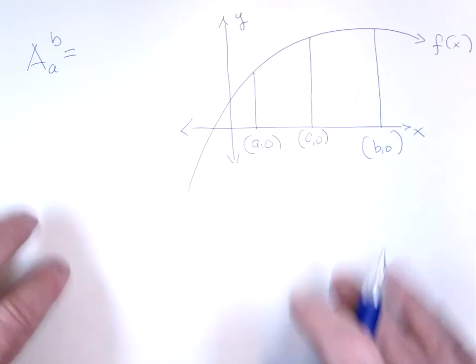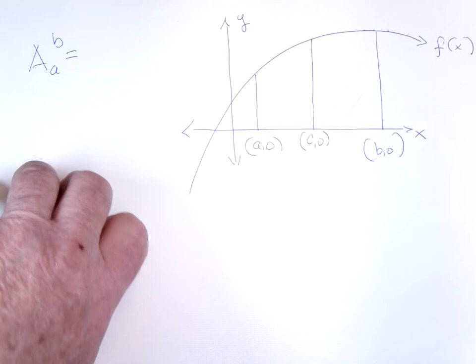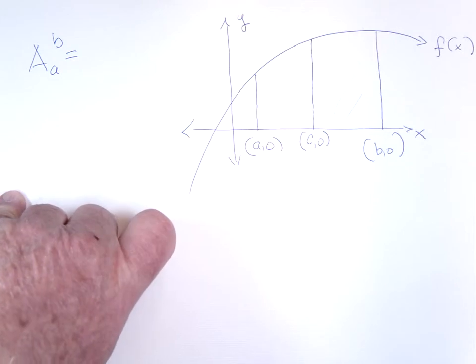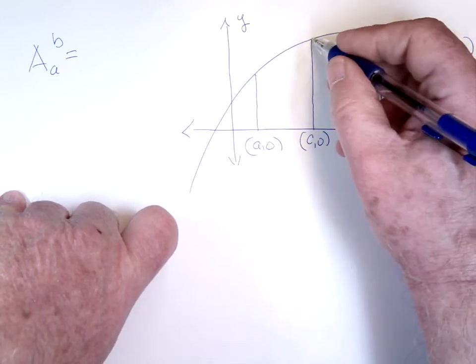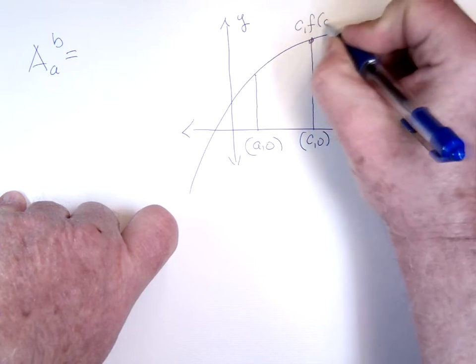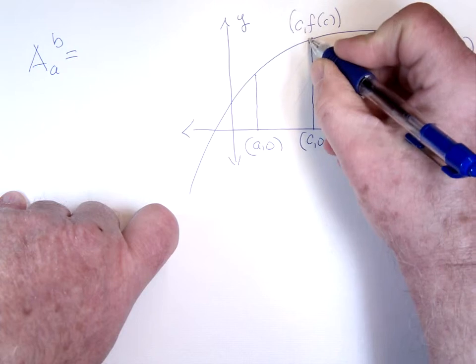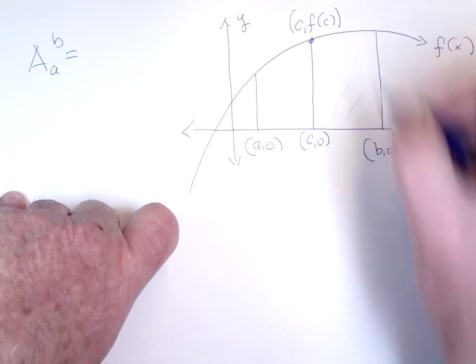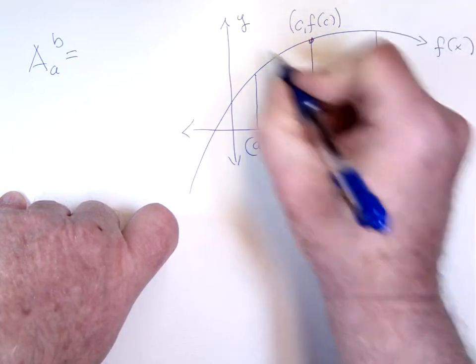Okay. Where the area from A to B is equal to f of C. Now let's see, what the heck is that? f of C is this height times B minus A, which is this length here.